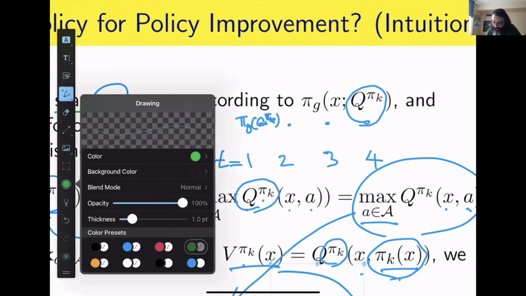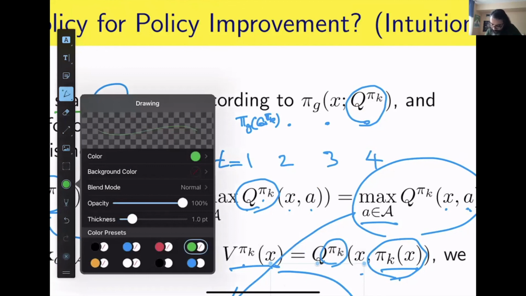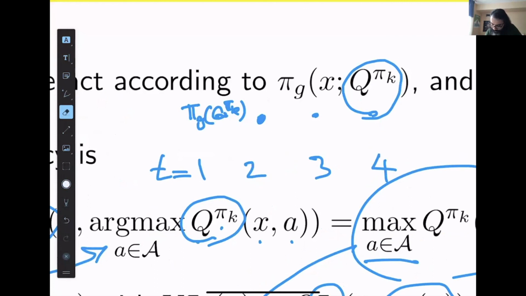But what I described here, maybe I write it completely, would be pi K, and so on and so forth.